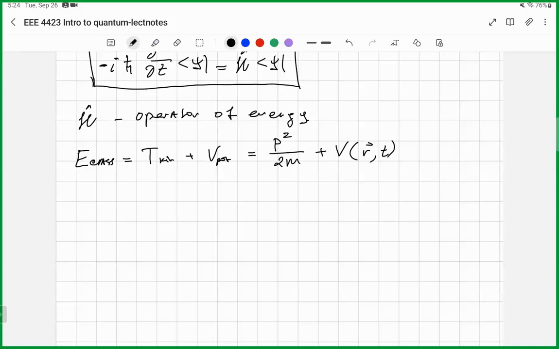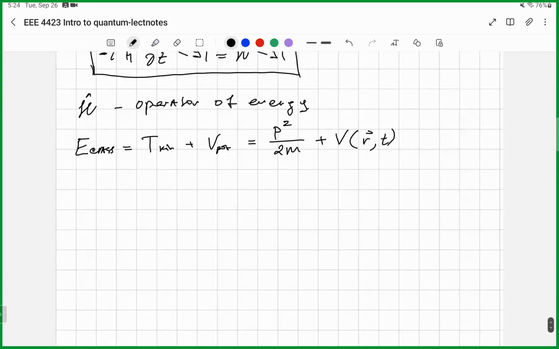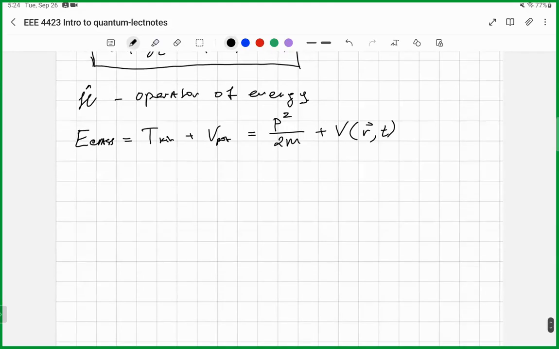If you're talking about an electric field that depends on time, then V is going to be the potential of the electric or electromagnetic field. So this is the energy of a classical particle in a field V.